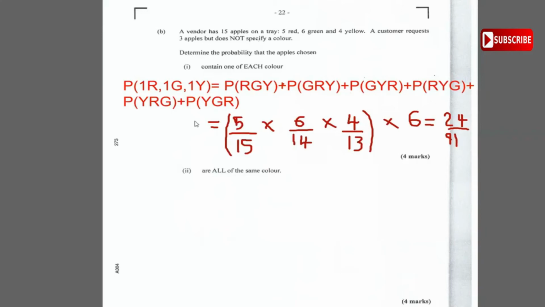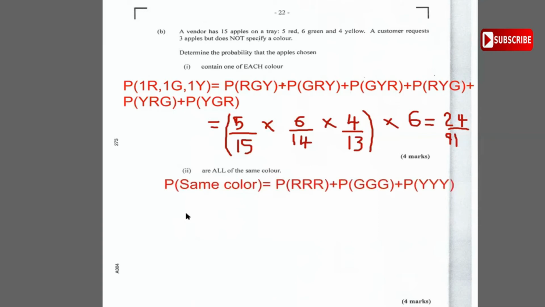Now, the probability of getting the same color means you can either get 3 red, so you want to find the probability of getting red, red, red, plus the probability of getting green, green, green, plus the probability of getting yellow, yellow, yellow. Let's work those out now.